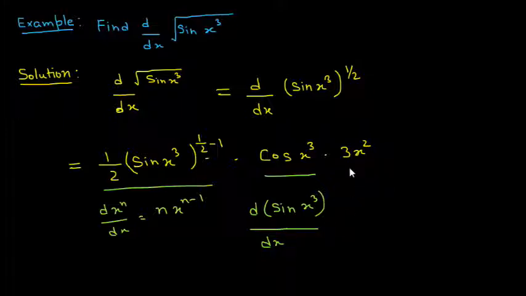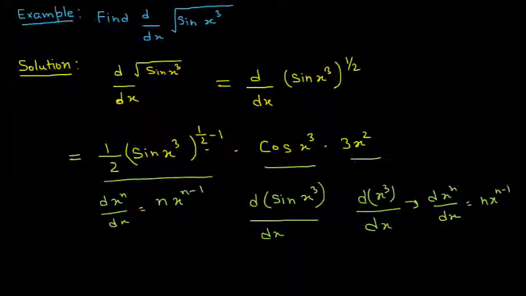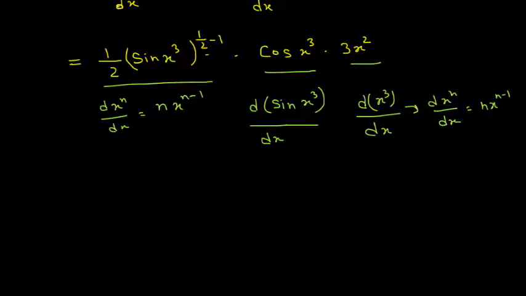Again, from where this came, this is also very simple. We have differentiated x³, and we have used the formula d x to the power n upon dx, which is n x to the power n minus 1. If we put this formula here, you will get the value 3x². Now let us see what is the next part.